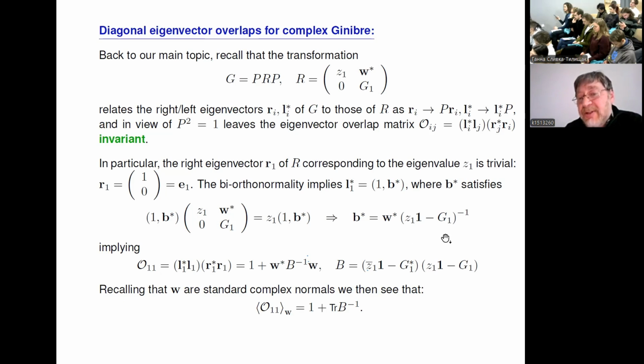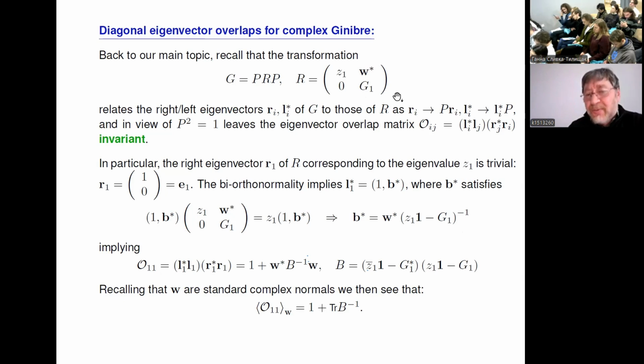This form is also nice because one can iterate this procedure, perform a further Householder reflection, or partial Schur decomposition, and find Z2 as the first eigenvalue of G1, and so on and so forth.